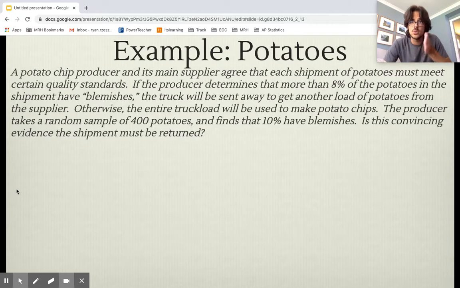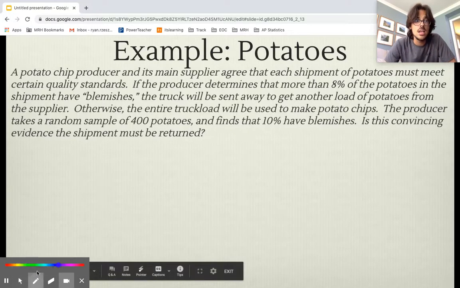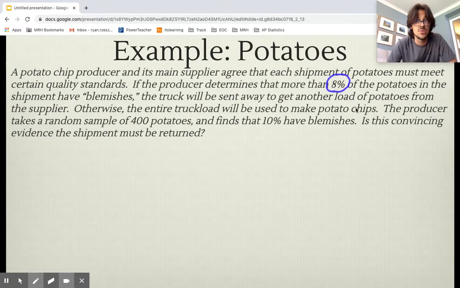And the threshold, or the line in the sand, that this company says is: if more than 8% of the potatoes in this truck are bad, we're sending it back. We don't want this truck. Get out of here. Send us a new truck. So that's their level. We'll tolerate some messed up potatoes, but if it's more than 8%, we don't want you anymore.